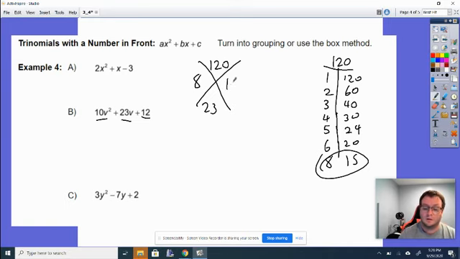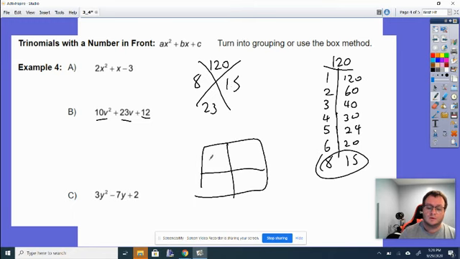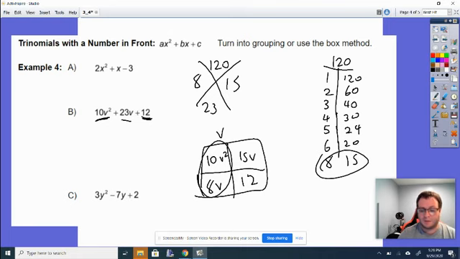8 and 15, going to my box. 10v squared, again, using that A. 12 for my C. 8v, 15v. Be careful here. I can not only take out a v, but I can also take out a 2.